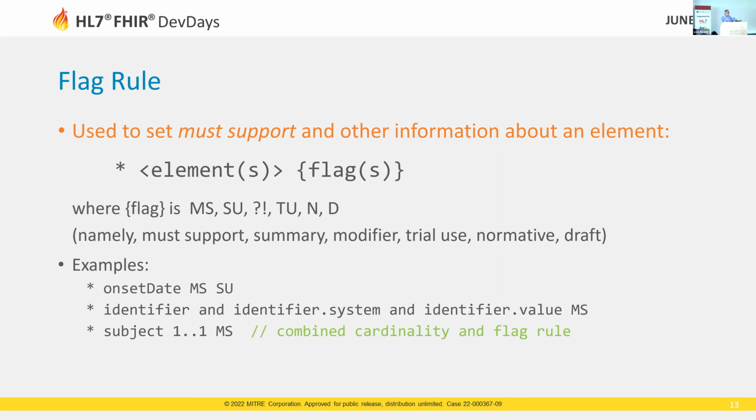You can also join them with the word and, so you can say, I want identifier and identifier.system and identifier.value. Those should all be must support. Or you can combine it with a cardinality rule. You could do them all at once. You could say subject is 1..1 must support. So it's a little bit flexible in terms of combining cardinality and flags.